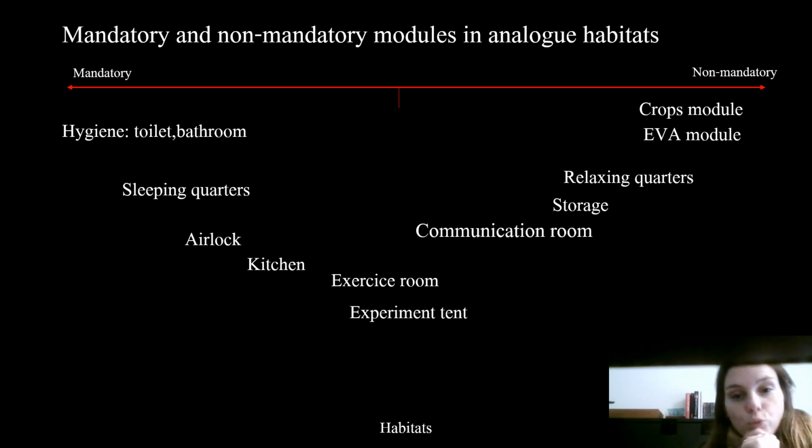A communication room, I'll put it in between the non-mandatory and mandatory. You don't necessarily need a whole room for that. Usually just a computer or a few computers and a few webcams are sufficient. You obviously need contact with Mission Control Center. You need to talk to them quite a lot, but it's unlikely that you would go back and forth to a communication room.